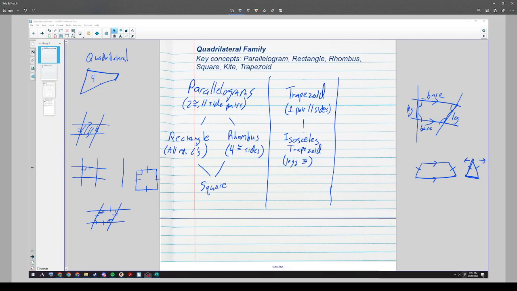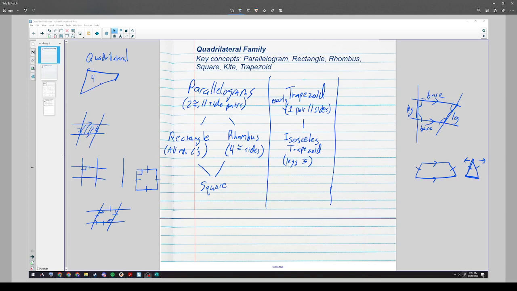They're not a subset of trapezoids exactly. Although I have seen a few places that define it as being one or more pairs of parallel sides, in which case a parallelogram would be one. But here in our class, we're going to define a trapezoid as having exactly one pair of parallel sides. So not two pairs like that one, just one pair.